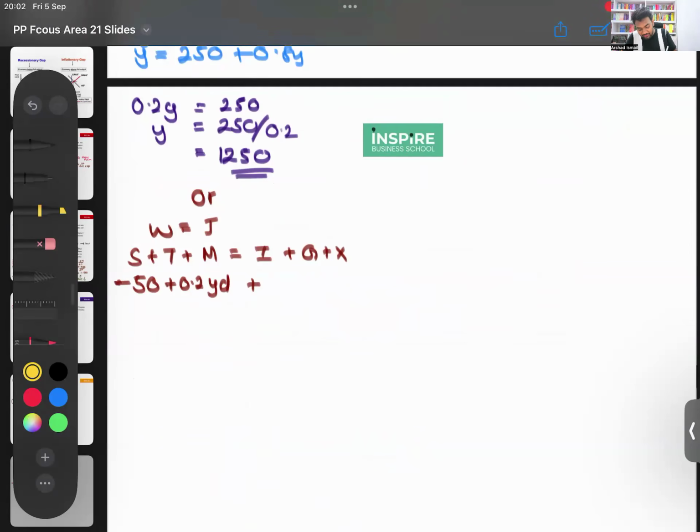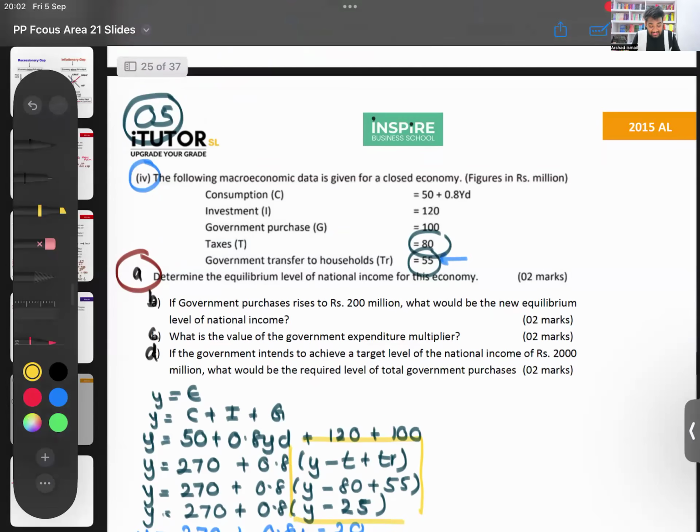Then remember, for taxes, what should I take? I have to take net taxes. Net taxes are taxes minus transfers. My taxes are 80, transfers are 55. I'm collecting 80, spending 55, so my net taxes are only 25.